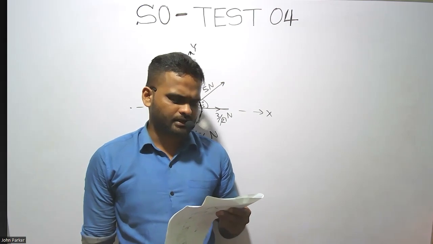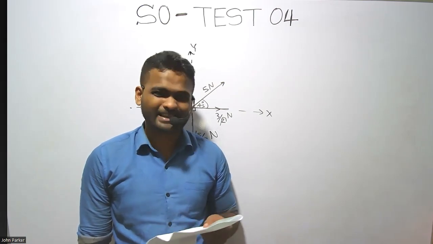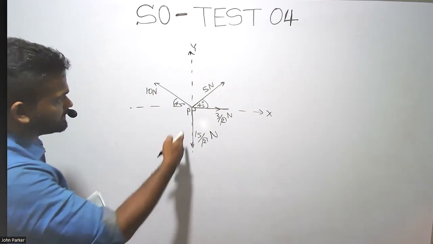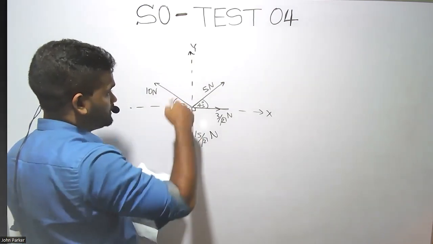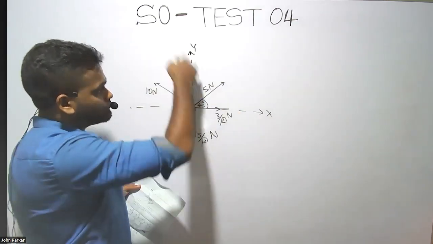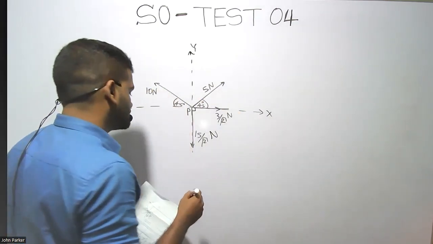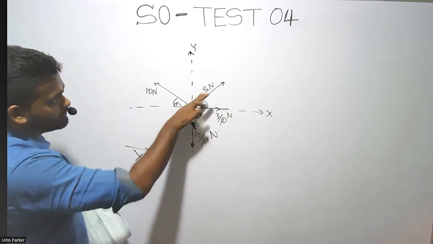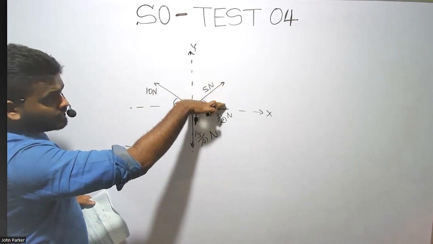We can actually reduce this to XY Cartesian plane. So let's say this axis is Y and this axis is X. So you can separately find X and Y components. I'll just find X first. 5 cos 45.